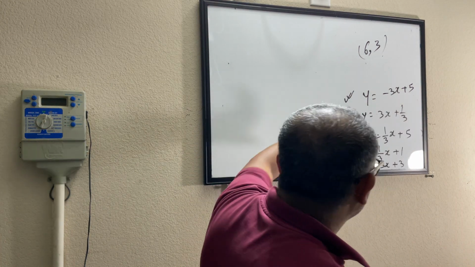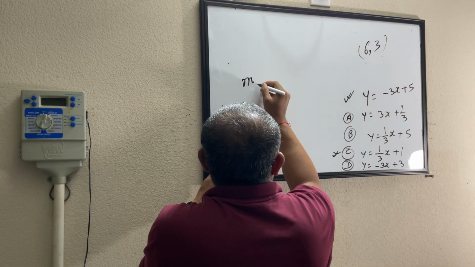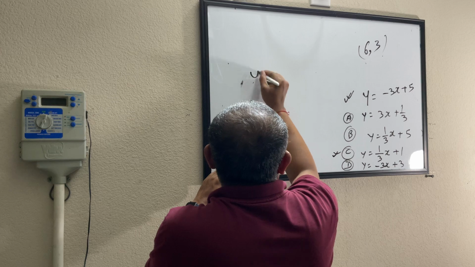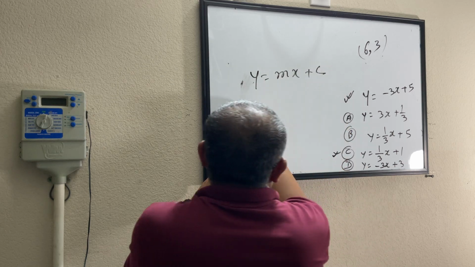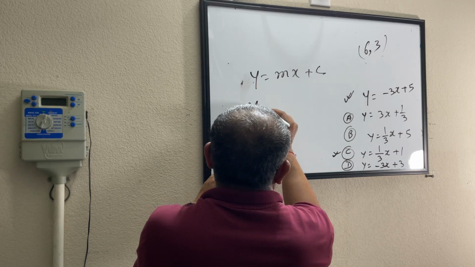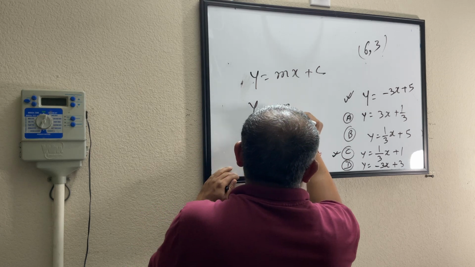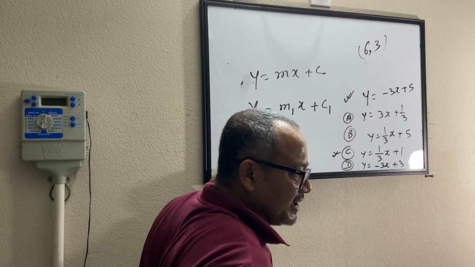But when you have, let's say one equation y equal to mx plus c. If you're trying to find out another line which is perpendicular to this and it has m1x plus c1, okay?